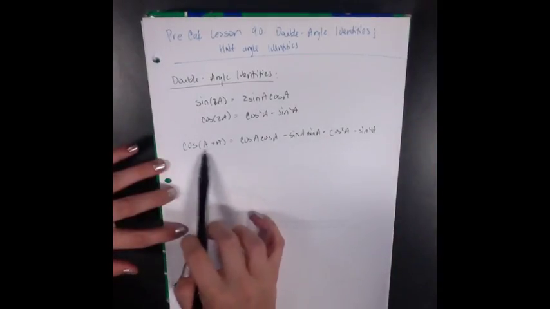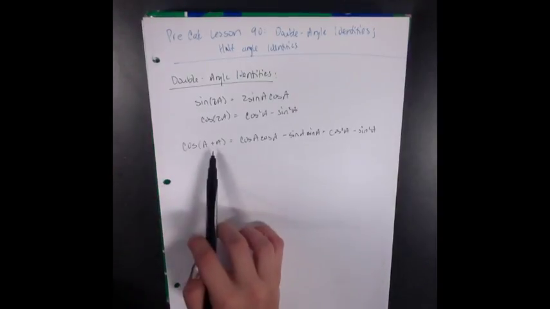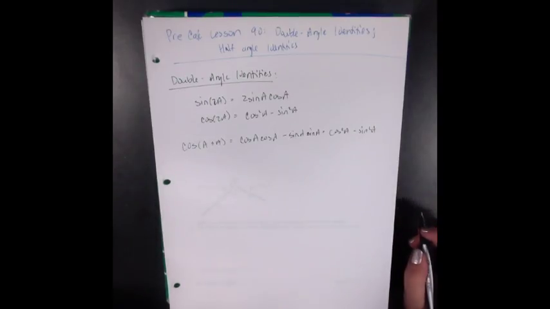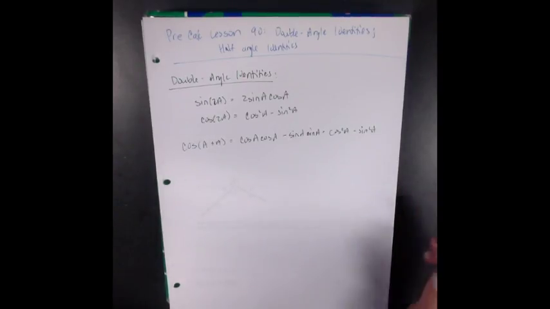If you knew your sum identities for cosine, you would be able to develop the cosine double angle identity. You would actually be able to develop the sine as well, but instead I would like to use something else. Let's develop two more.